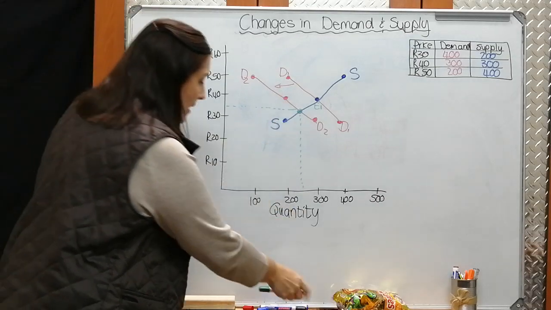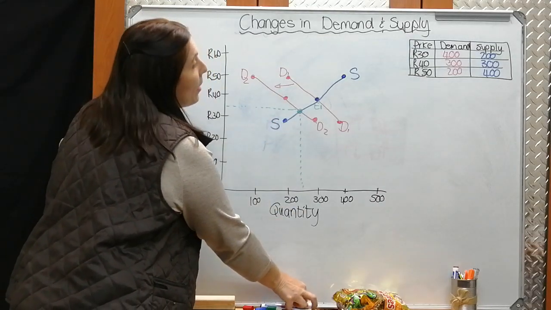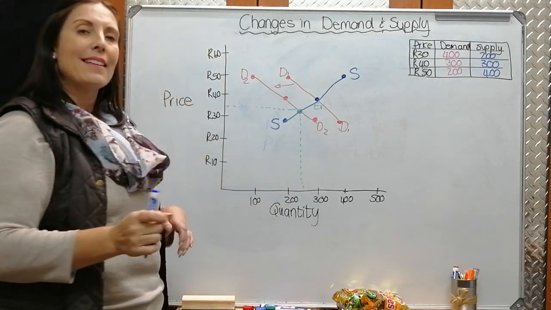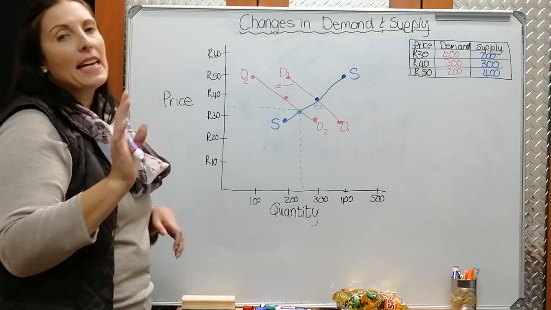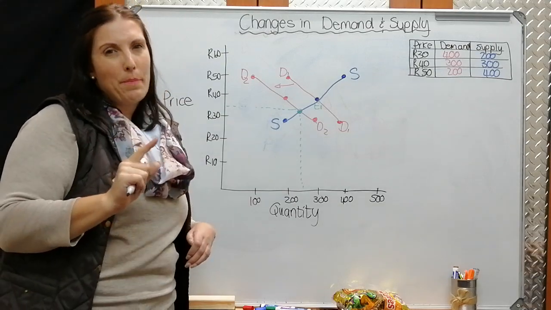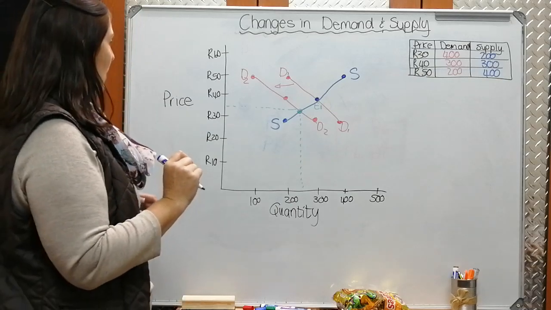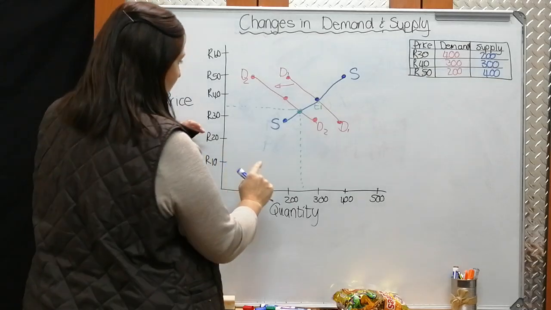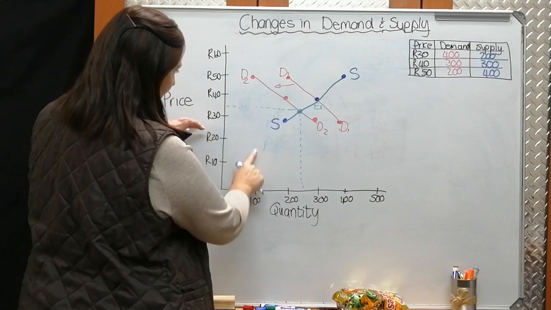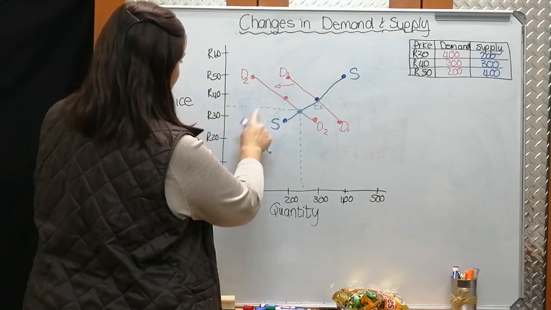So where they previously were happy to supply 200 slices of cake at 30 Rand, let's say now they are only willing to supply 100 slices of cake at 30 Rand. So let's see what's happening now. So 100 slices of cake at 30 Rand.